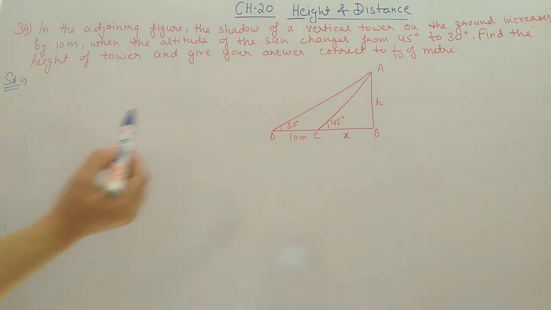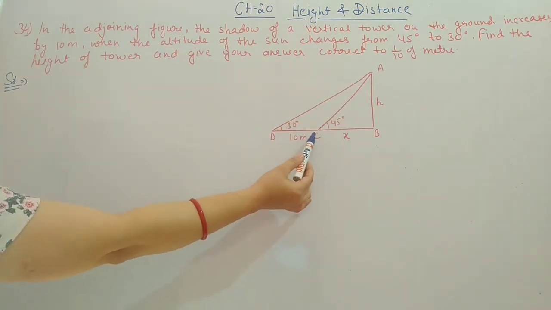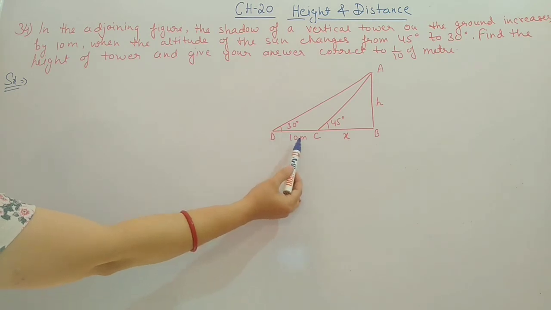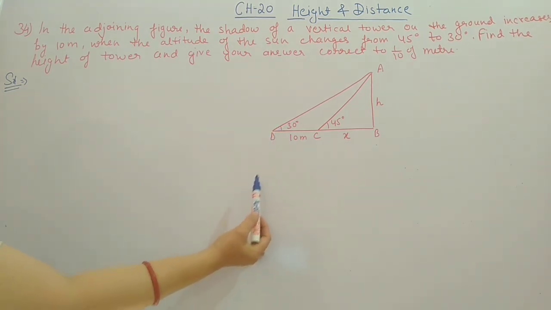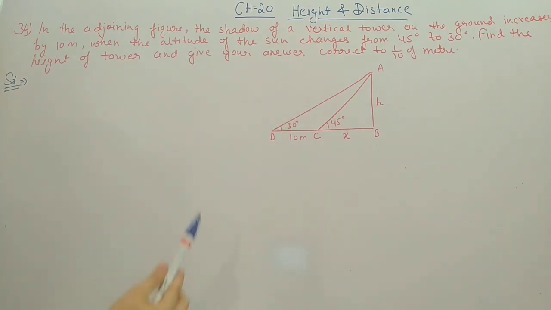So first this AB is tower here and the shadow of this AB is BC till C. After some time this shadow will increase to D by 10 meter and the angle of elevation will become 30 degree here. Then we have to find out the height of AB, height of tower. And our answer should be correct to 1 by 10 meter, which means we have to find our answer in 1 decimal place.